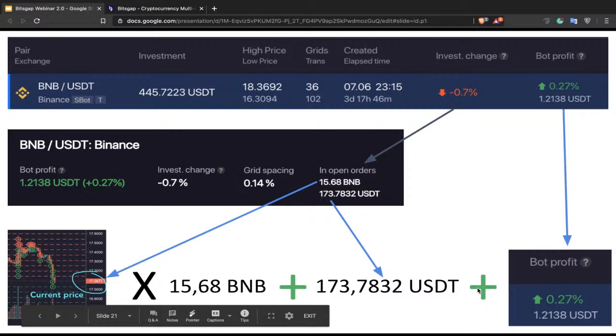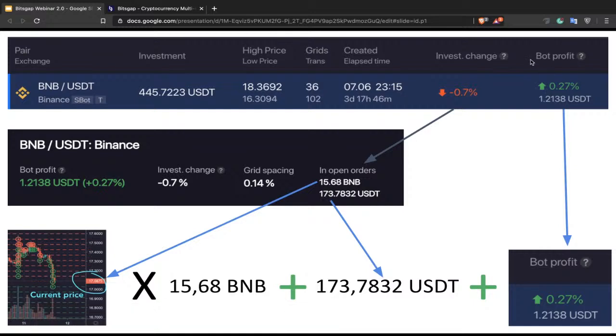All right, so the bot profit is already priced in.